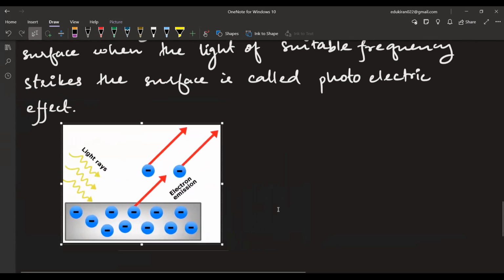But if I talk about the experiment, in your books also it will be shown somewhat in this manner. Let me show.